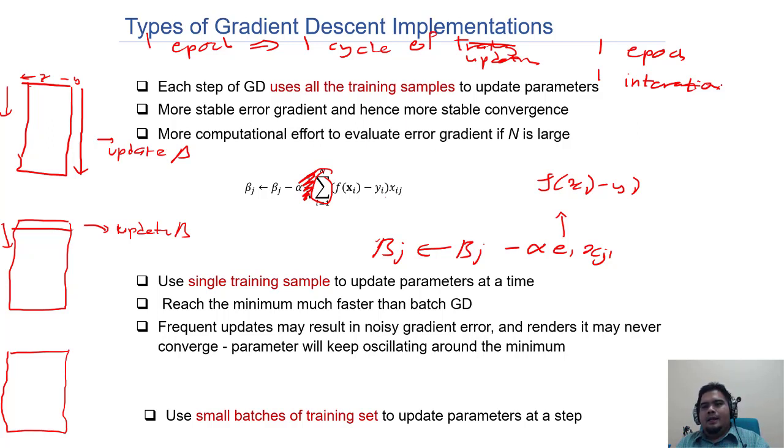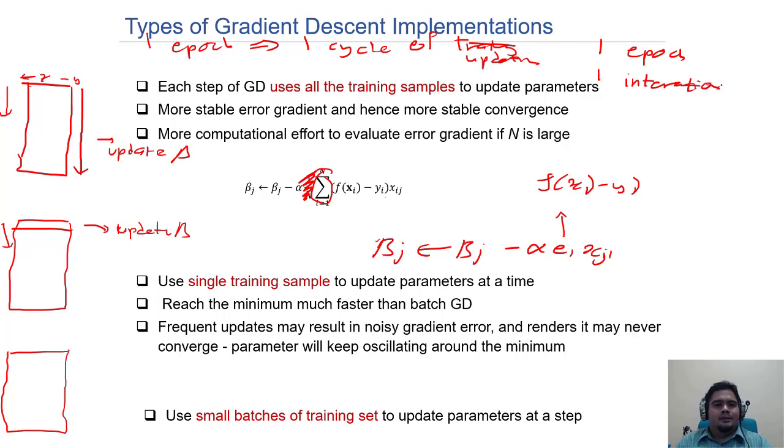But one epoch means that once you complete updating your beta using the full number of samples, let's say in this case 1000, then that is called one epoch. That does not mean one epoch and one iteration are similar.